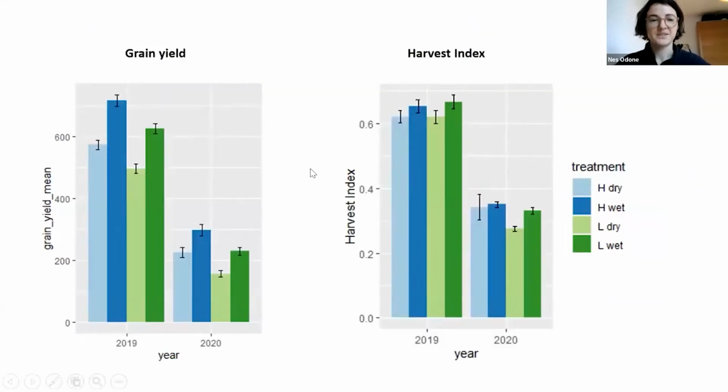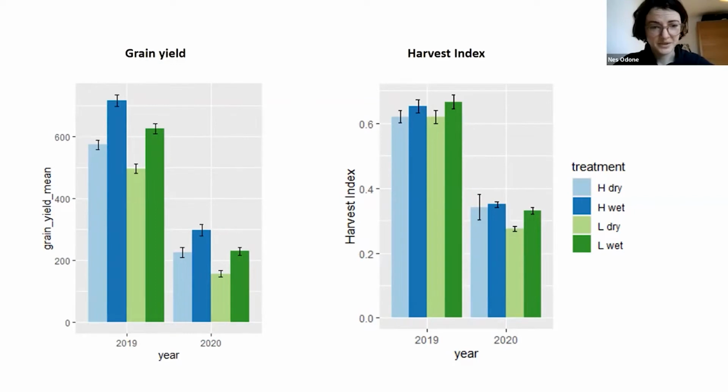So now turning to the above ground measurements. On the left here we have the grain yield for the 2 years, and you can see the blue lines show the high nitrogen treatment and the green lines show the low nitrogen treatment. The dark is the wet treatment and the light colors show the dry treatment.